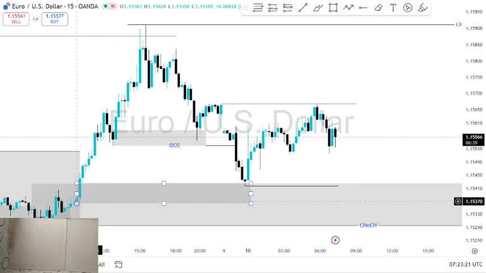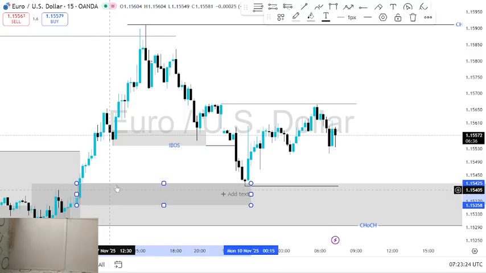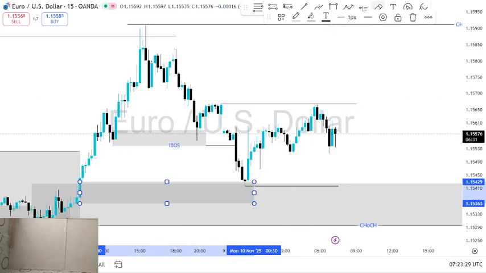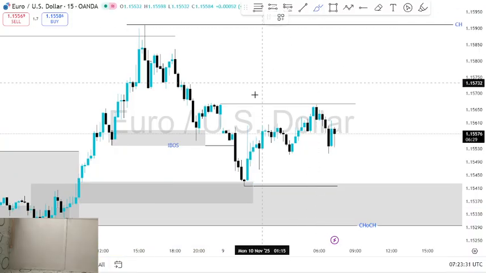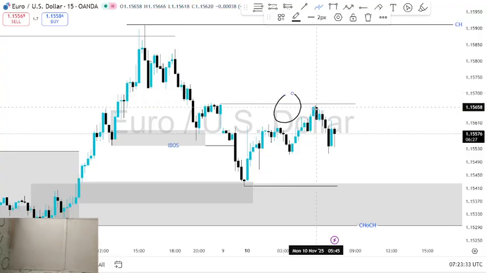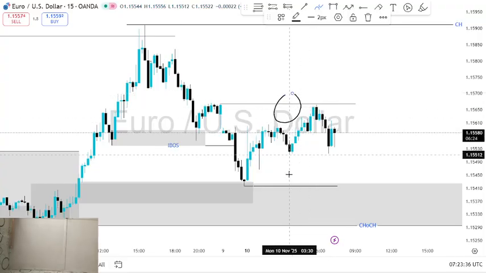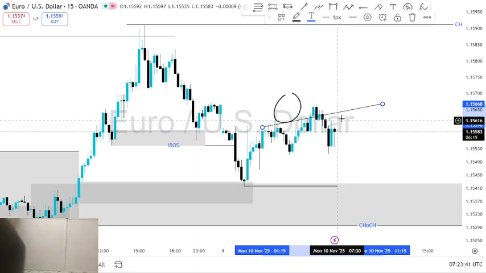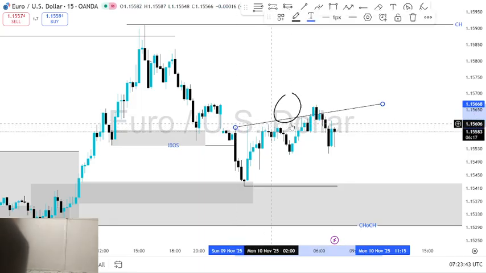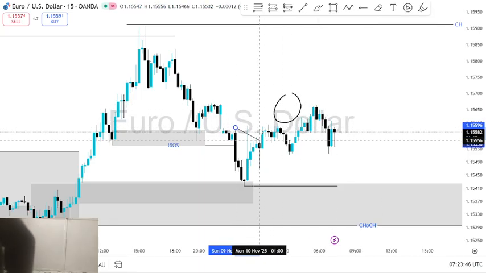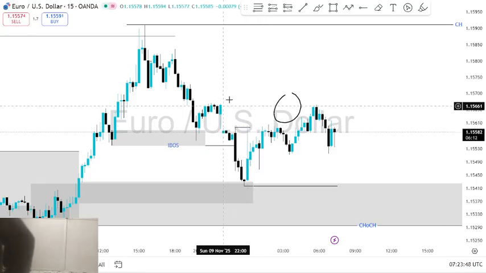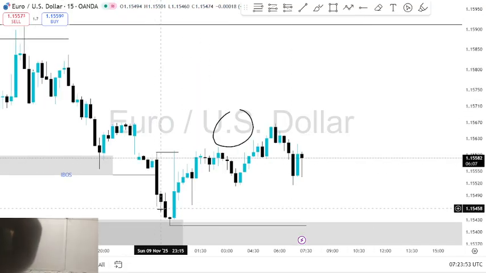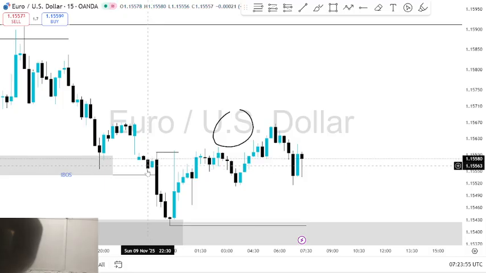So looking at what is happening here, if price continues to break this one, then I think this one will be my fractal structure. Why? Because here is the last candle that failed to break below the candle's low.